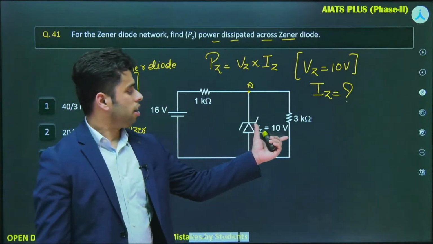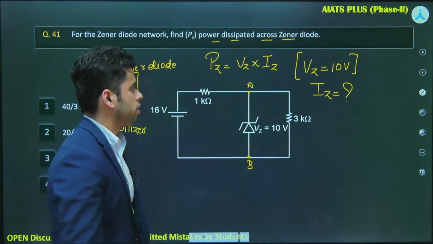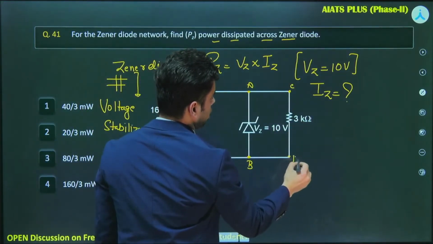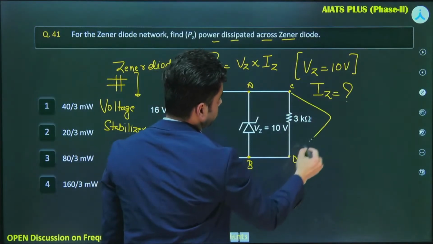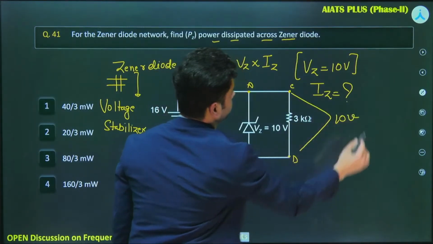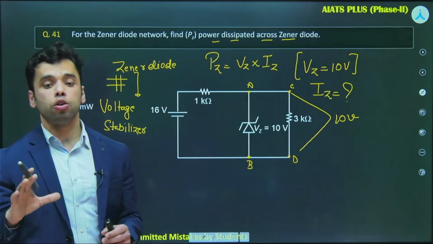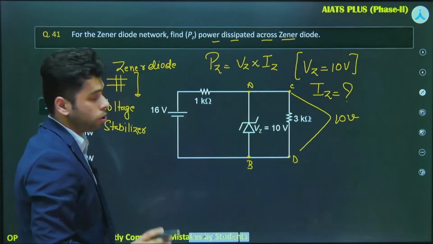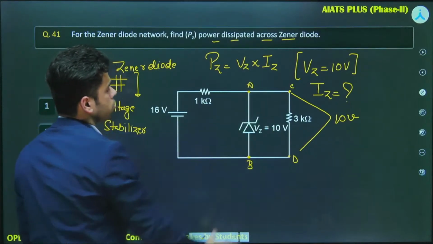If there is a 10 volt drop over here, this means that the voltage drop across CD will also be equal to 10 volt, and of the total voltage of 16 volt, 10 volt is dropped across the Zener diode.